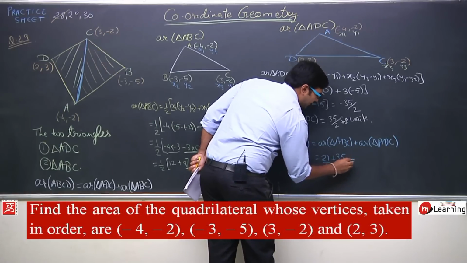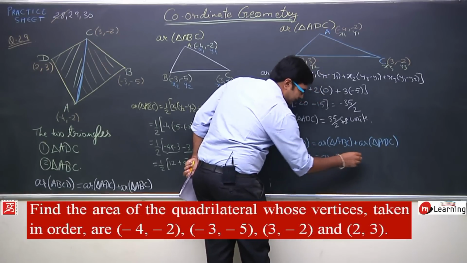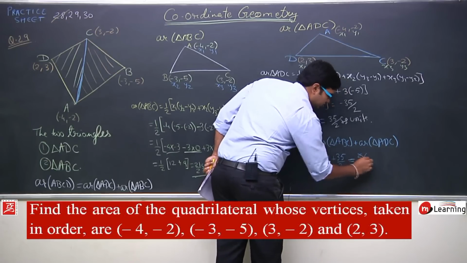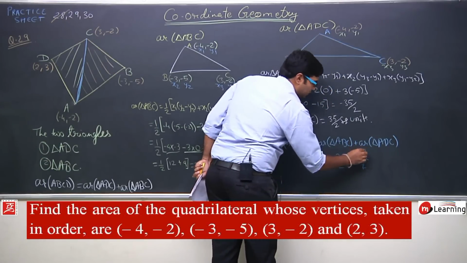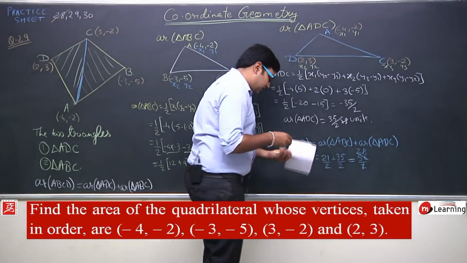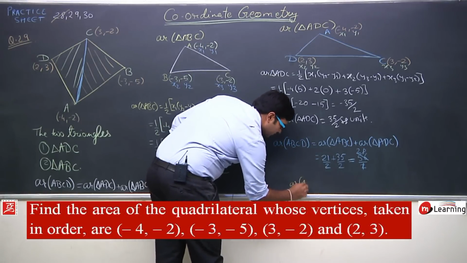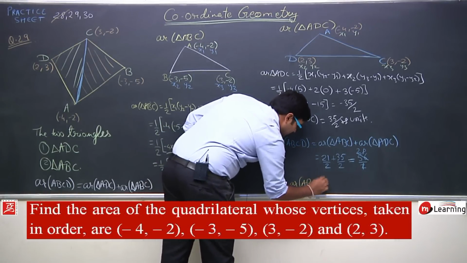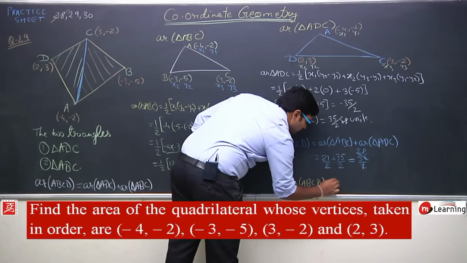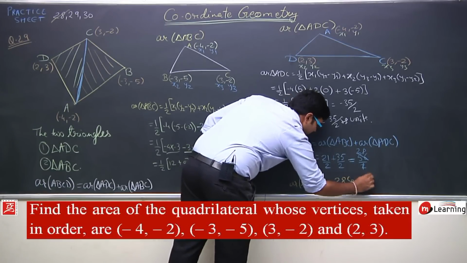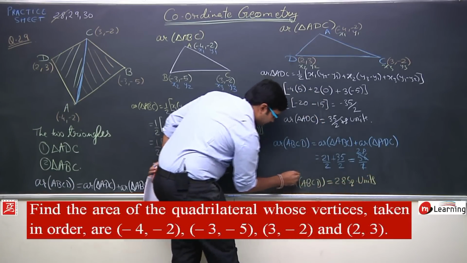Now adding these two areas, it will be 21 plus 35, that is 56 upon 2. When you solve this, 2 2s are 4 and 2 8s are 16. So finally you will get area of ABCD is equal to 28 square units.